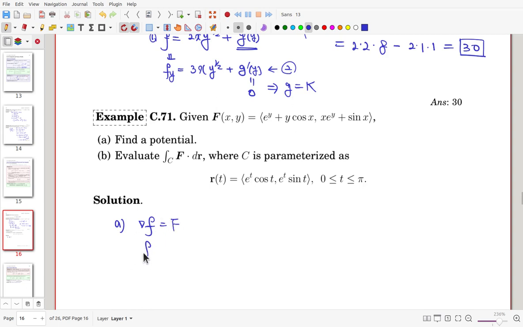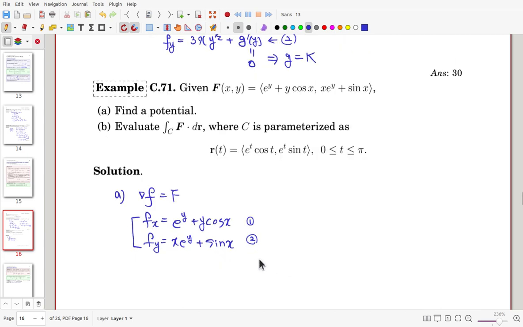That means now again F sub x is the first component, e to the y plus y cosine x, and F sub y equals the second component, x e to the y plus sine x, right? So exactly the same manner we can get it.